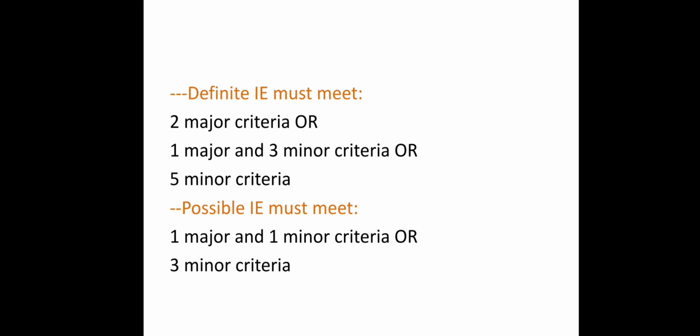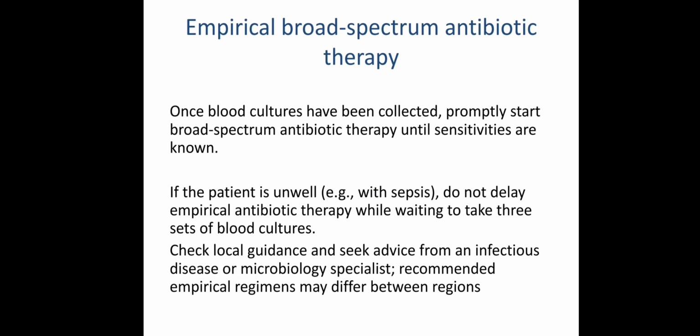If you have two major criteria positive, that's a definite IE. Or one major and three minors, that's definite infective endocarditis. Or if you have five minor criteria positive, it's definite infective endocarditis. Possible IE is one major and one minor, or three minors.